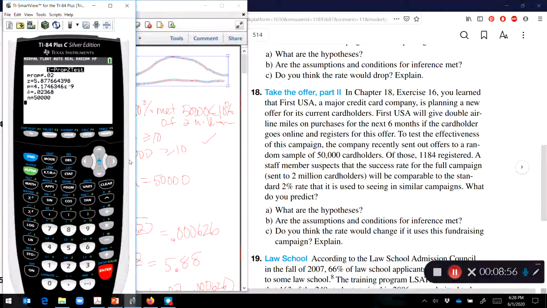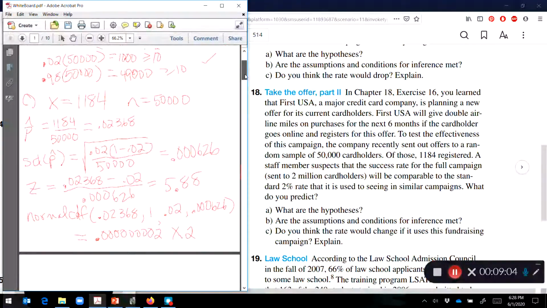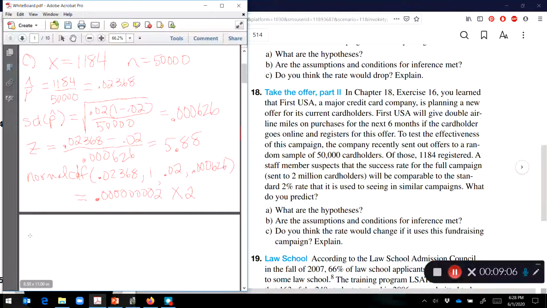So what do we think? Because this probability is so low, our decision here is we're going to reject the null hypothesis since our probability p was less than alpha.